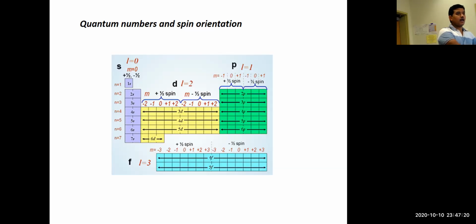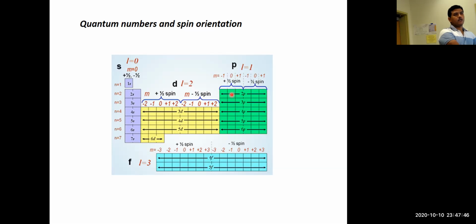Let's just randomly look at an element. Let's say you have carbon.